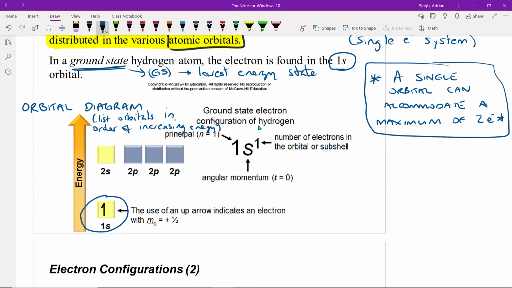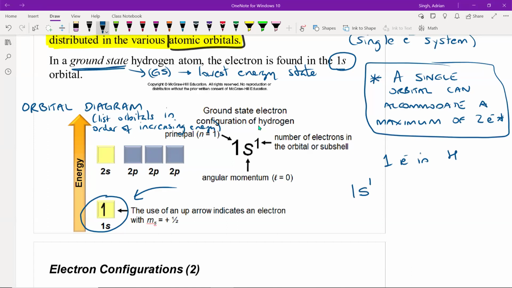So when we have this one electron in hydrogen, that one electron goes into the lowest energy orbital there is, which is the 1s orbital. So we say 1s, and we put the number of electrons in that orbital as a superscript.